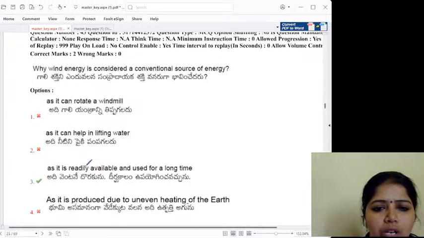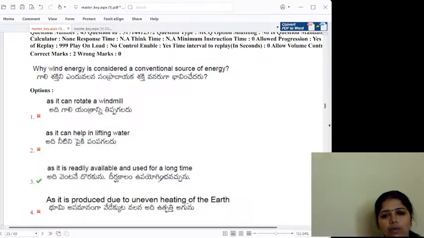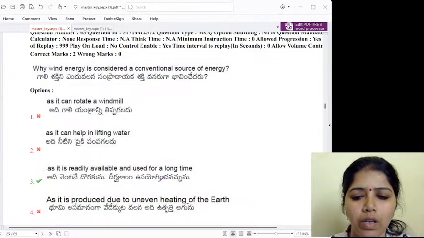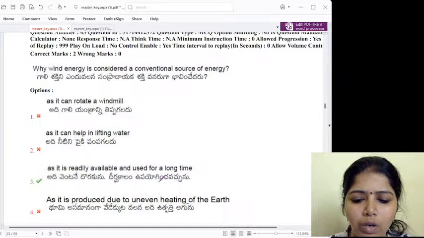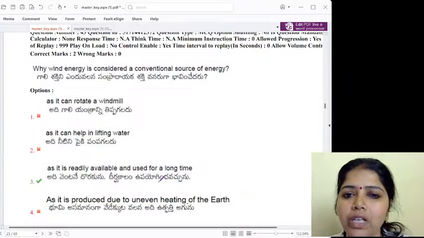Wind energy is considered a conventional source of energy. You can rotate a windmill, it can help in lifting water, as it is readily available and used for a long time. It is produced due to uneven heating of the earth. What we mean by conventional sources of energy are the energies which we get through wind.